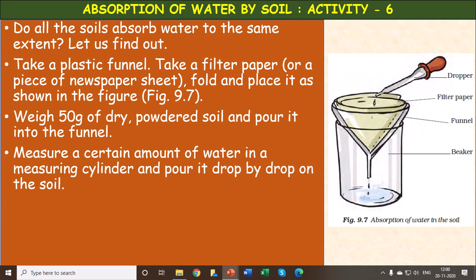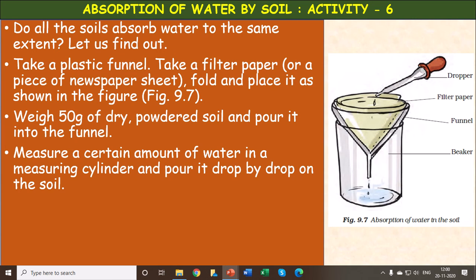Now measure a certain amount of water in a measuring cylinder. You know, liquids can be measured in the containers with markings. The volume of liquids can be measured by using measuring jars.